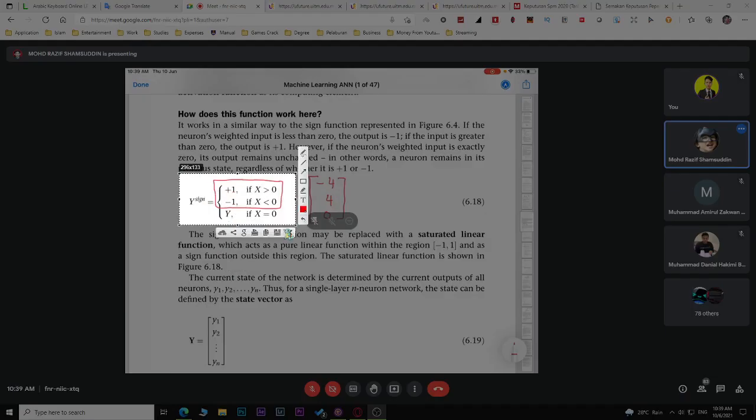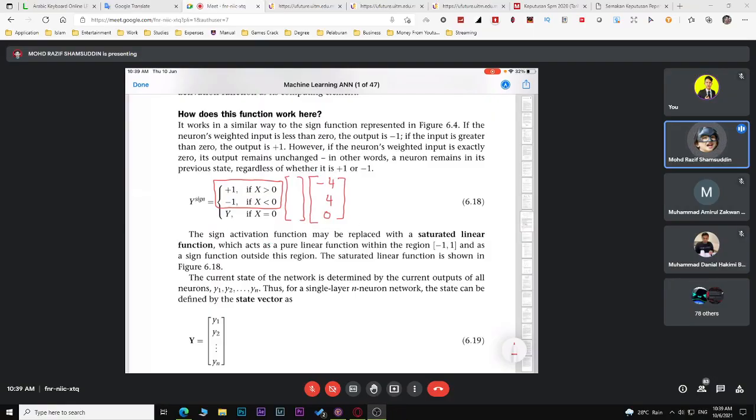Okay, kalau dia punya output dia 1, kalau input dia macam ni, kan? Input dia macam ni, lepas tu dia punya dot product dia macam ni. So, bila kita applykan kepada sign activation, yang negative 4 ni akan jadi, yang dah belajar semalam, apa? Negative 4 jadi apa?